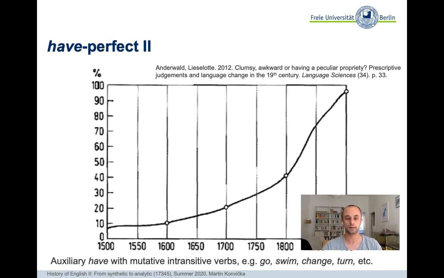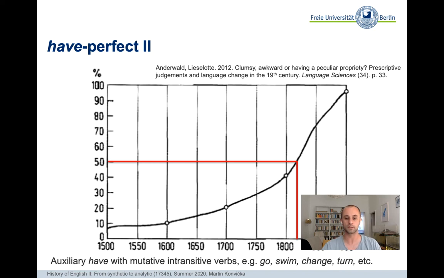And during the 19th century, we see basically a rise of the use of have in these mutative verbs and also of the verbs of movement.